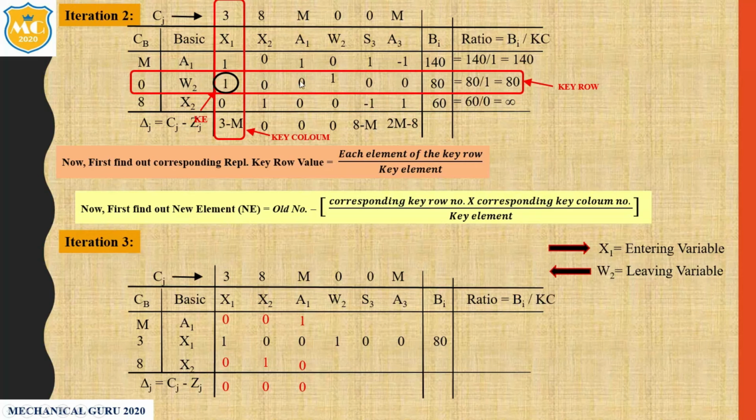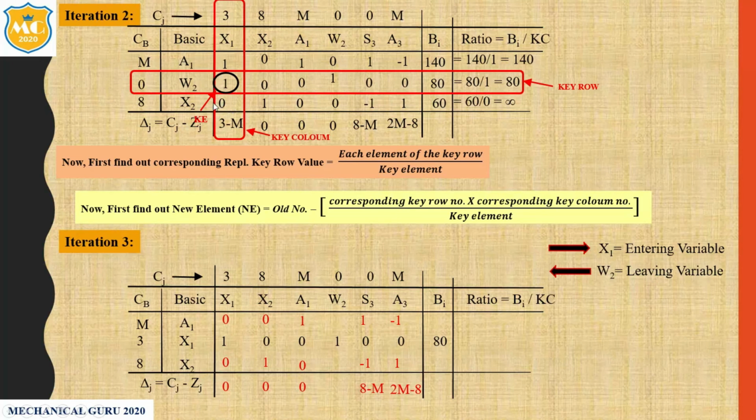Now next, here we have to find out the key row. In a key row here there are 4 0. So first x2, so already we have to write down this column as it is. Next a1 value here 0, we also write down as it is. Next here 0, so this value we have to write down as it is. 1, 0, minus 1, 8 minus M. Again here 0, so minus 1, 0, 1, 2 minus M. Same as it is we have to write down.